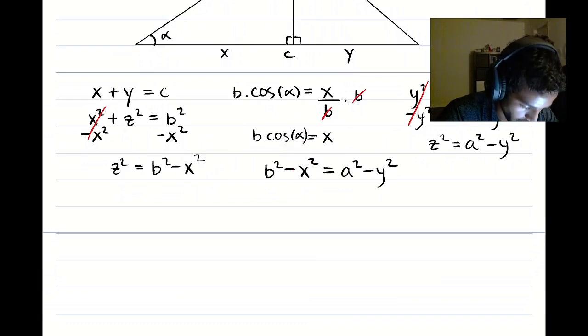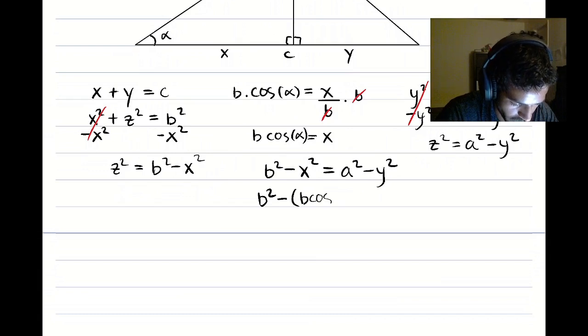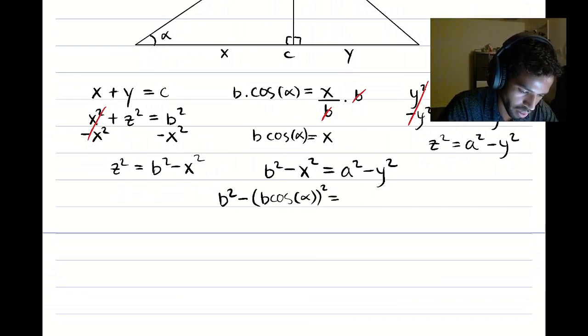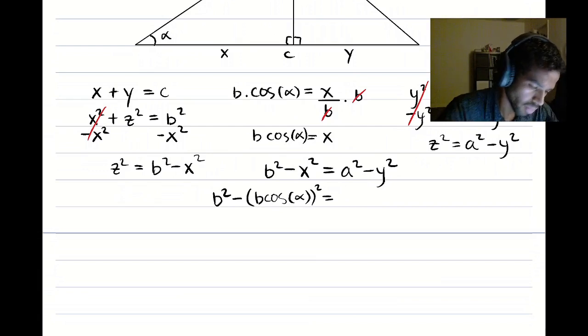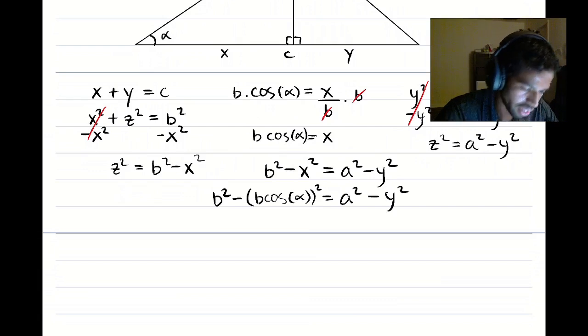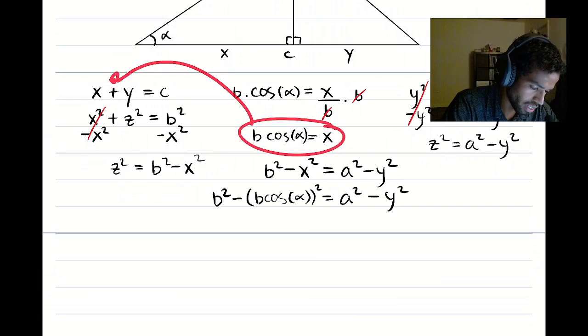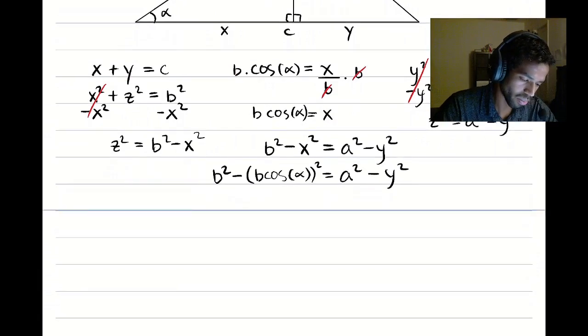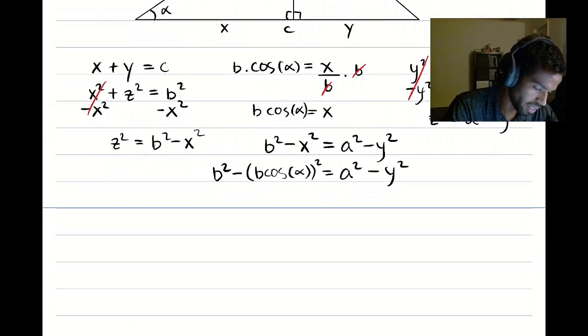So I have b squared minus b cosine alpha, that's going to be squared, is equal to, here, let me move it so it looks the same, a squared minus y squared. Now what I'm going to do is substitute this into this x here, and then I'm going to isolate y. So let me write down the equations that I have.